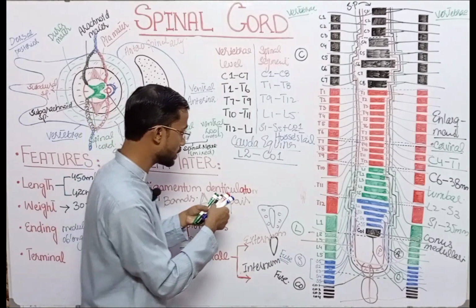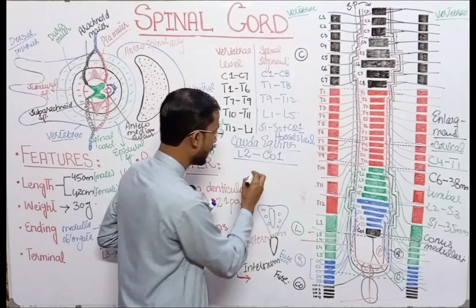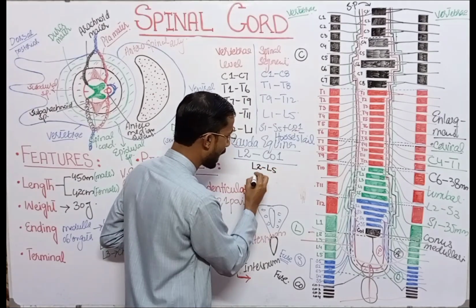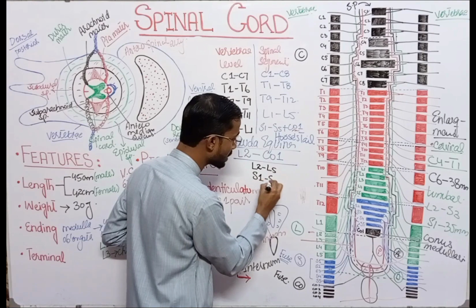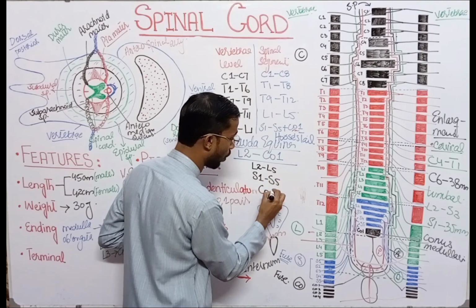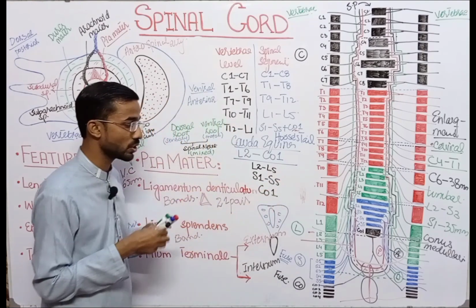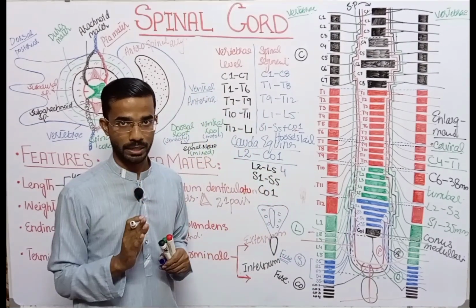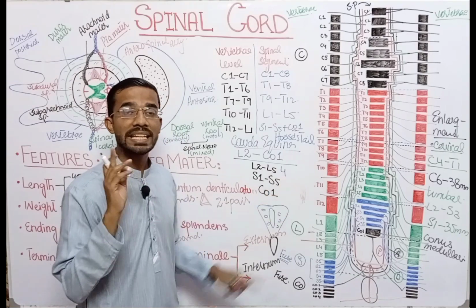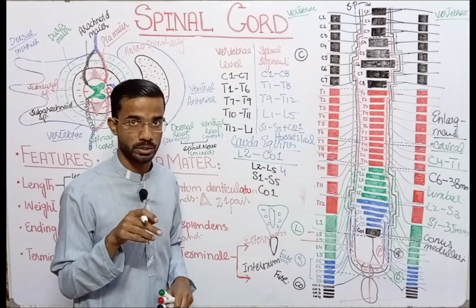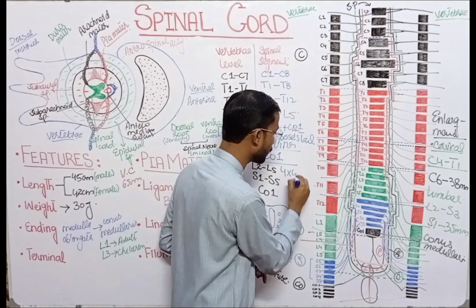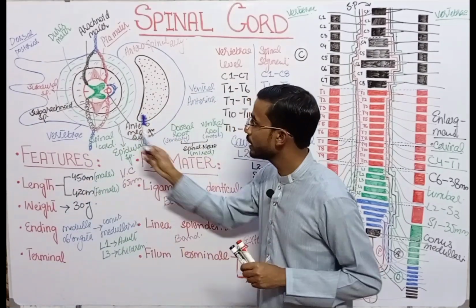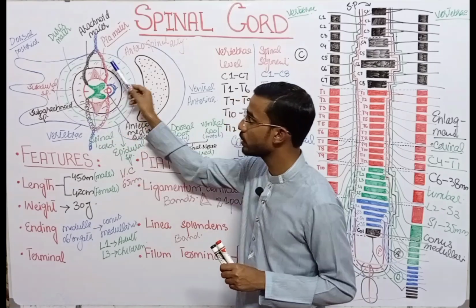In that situation, you will see the lumbar region L2 to L5, the sacrum S1 to S5, and the last one is coccygeal 1. In the lumbar region you will see four segments, and each segment has 4 roots, 2 pairs.